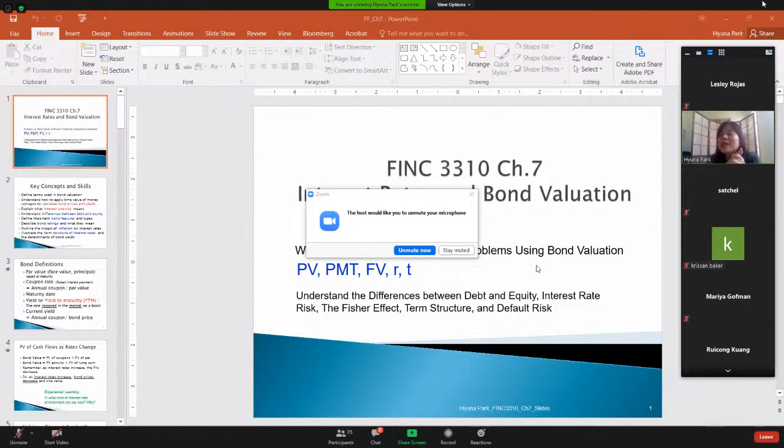There are 2 main ways corporations raise capital from the outside market, from investors in capital markets. One important way is issuing bonds. The other important way is issuing stocks. Chapter 7 is about how to raise funds in the bond market.